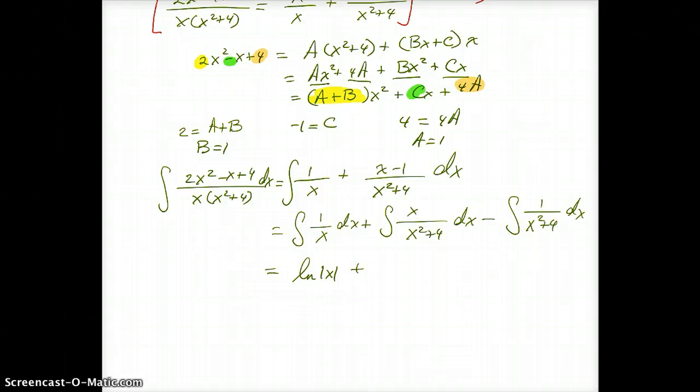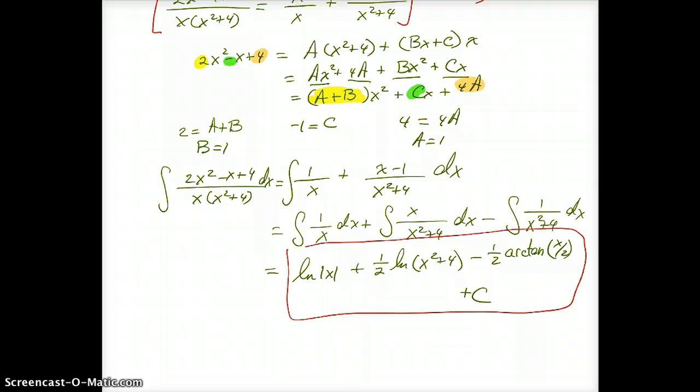The next one, you do a u substitution with u equal x squared plus 4, and since du is 2x dx, you're going to get a 1/2 log of x squared plus 4. And then the third one is our arctangent formula, so that would be 1/2 arctan of x over 2 plus c. And there's our answer.